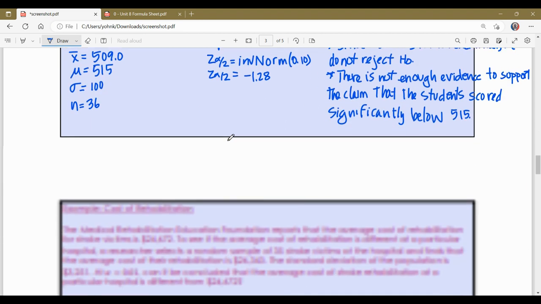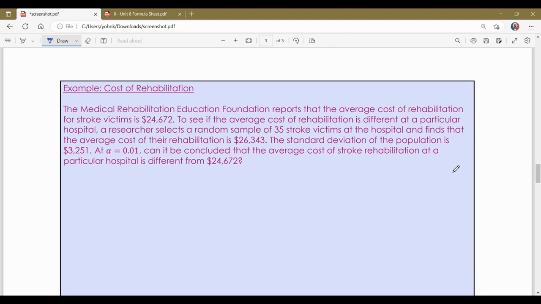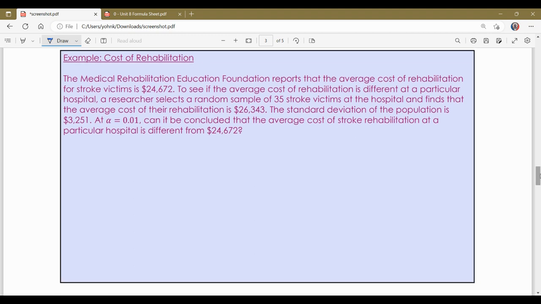All right, let's see another one. This one has to do with rehabilitation for our stroke victims. The Medical Rehabilitation Education Foundation reports that the average cost of rehabilitation for stroke victims is $24,672. To see if the average cost of rehabilitation is different at a particular hospital, a researcher selects a random sample of 35 stroke victims at the hospital and finds that the average cost of their rehabilitation is $26,343.